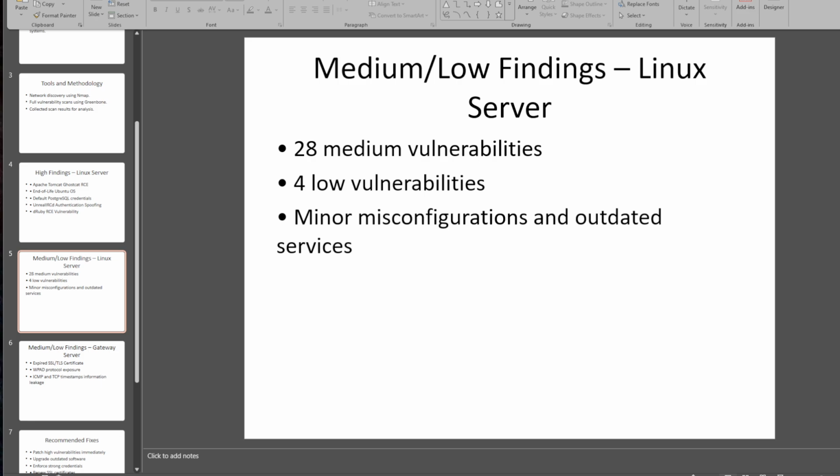Most of these related to old versions of common services, minor misconfigurations, potential information leaks through open ports, or weak encryption settings. While not immediately exploitable, these issues can provide attackers with a foothold if left unpatched.